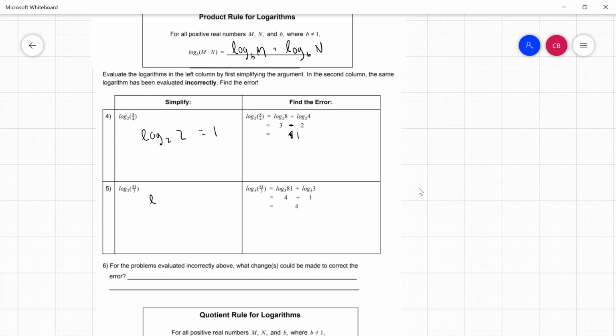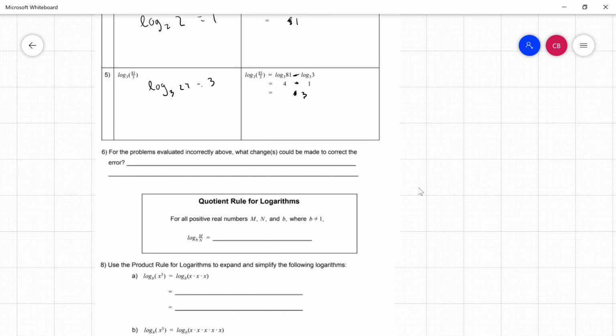And then this one would be log 3 of 27, which is equal to 3. Well, this is also subtraction, so this must be 3. And so our rule for here is log b of m minus log b of n.